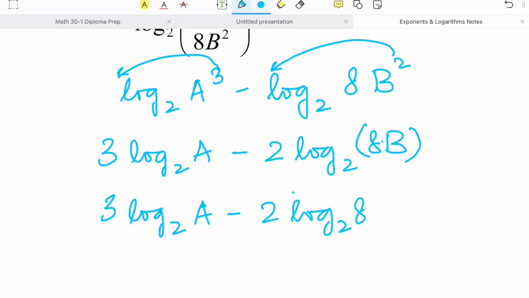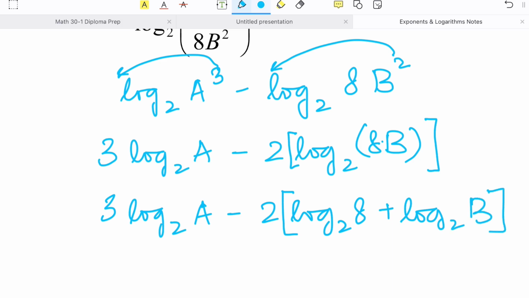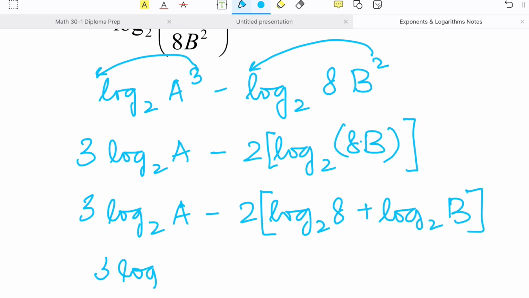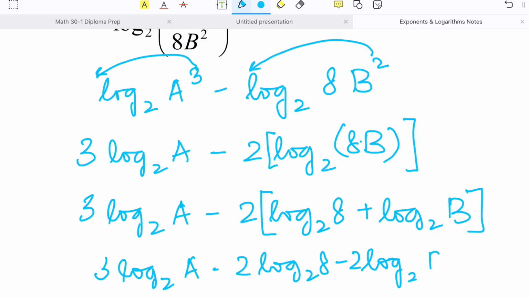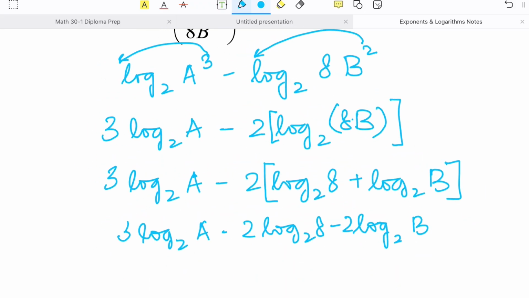Now remember, because it's being multiplied, I need to consider the whole thing, plus log base 2 of b, which gives me 3 log 2 a minus 2 log 2 8 minus 2 log 2 b. Okay, and that's how you expand it. So make sure you always check that. Okay, let's move forward. Try these questions.